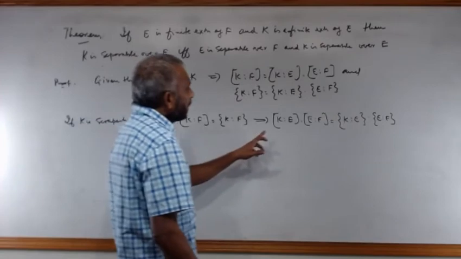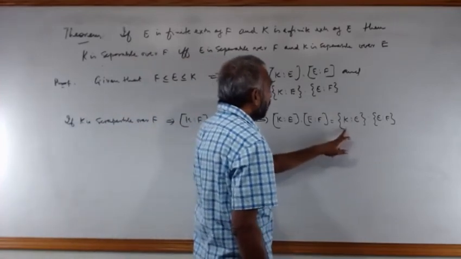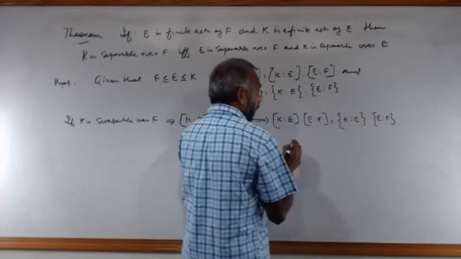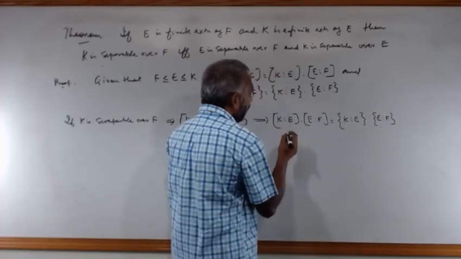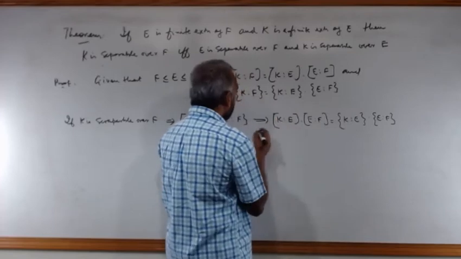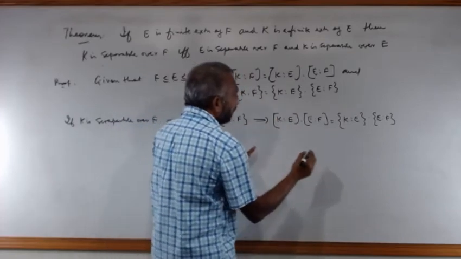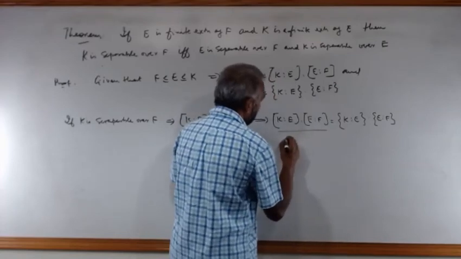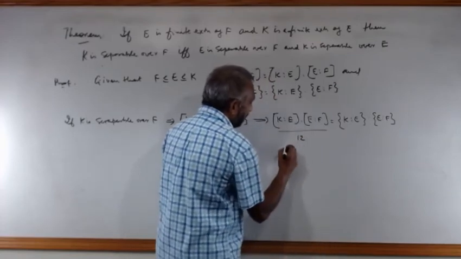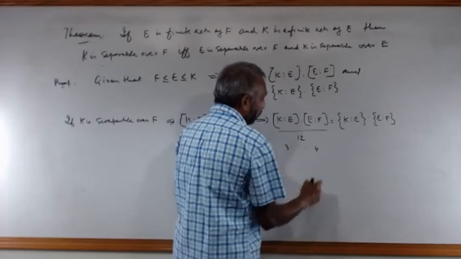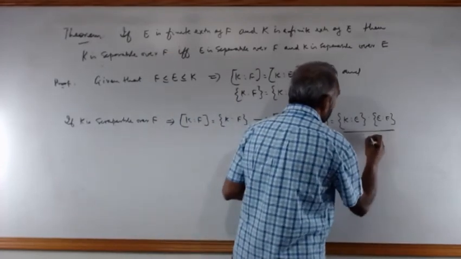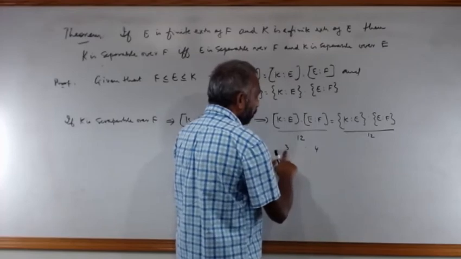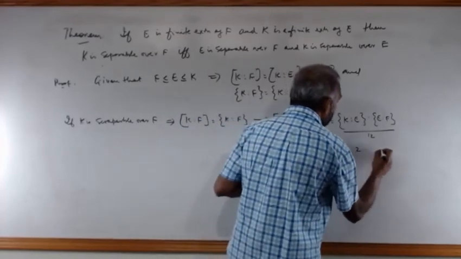See, when this happens, these have to be equal. Why? Let us assume that this is 12 and this is 3 and 4, and this is also 12, but you don't need to have 3 and 4, it could be 2 and 6.